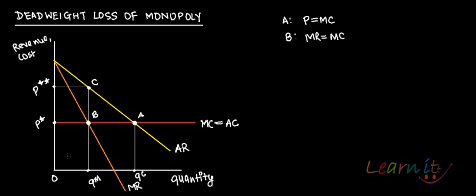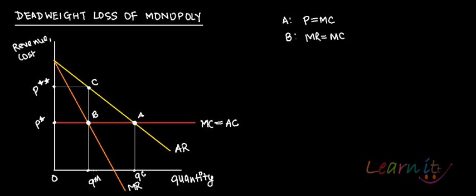Now, if this market was perfectly competitive, the amount you are going to produce is QC, and the price you were charging is P star. If this market was monopoly, the amount the monopolist produced was QM, and the price he was charging is P double star.